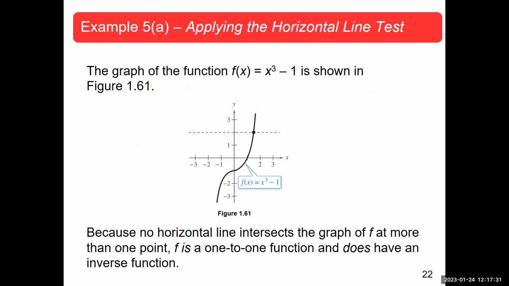If I have a function, I should be able to take a horizontal line and sweep it up and down. I must always have only one point of intercept, then the function has an inverse. So this has an inverse.